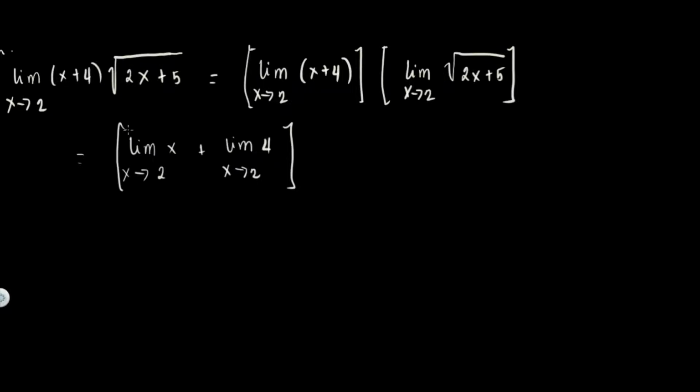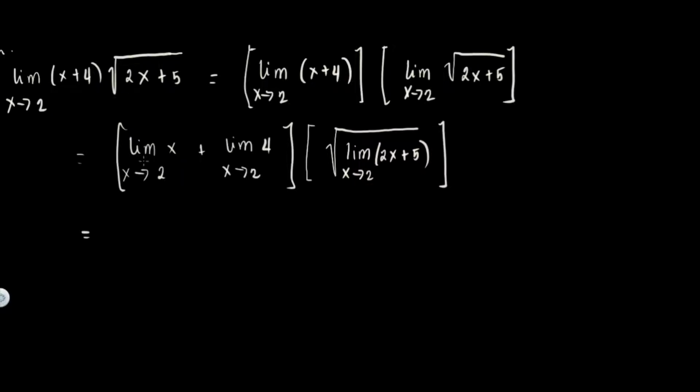Multiplied by, so ito naman ay theorem number 7, yung merong square root. So, ang gagawin dito, ipapasok naman yung limit sa loob. So, like this. So, we have multiplied by the square root of the limit of 2x plus 5 as x approaches 2. Ito, step by step yung ginagawa natin, ano?